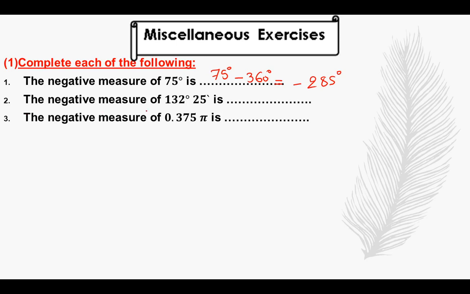Example 2. The negative measure of 132 degrees and 25 minutes. Here 132 degrees and 25 minutes is a positive measure. We want to find the negative measure, so we will subtract 360. So it will be 132 degrees 25 minutes minus 360 degrees.